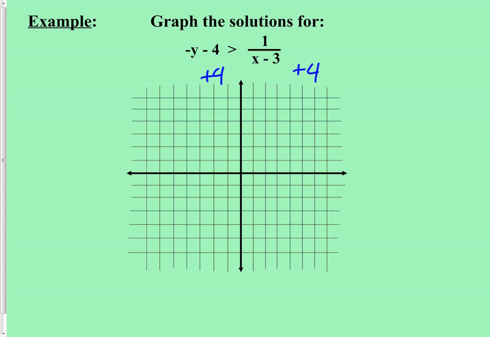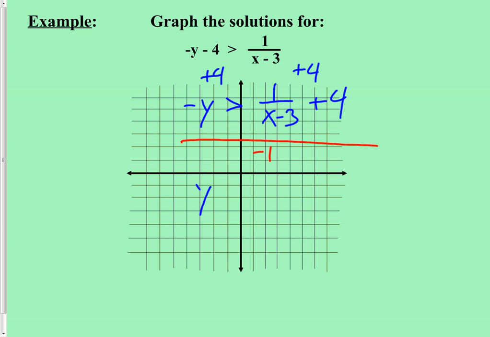First thing I'm going to do is move that -4 to the other side. That'll give me negative y is greater than 1 over x minus 3 plus 4. And the final thing would be that we do not want a negative y, we want a positive y, so I would basically take the entire equation and hit it with a negative sign.